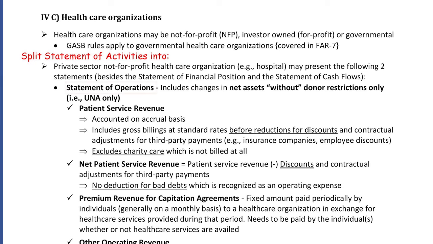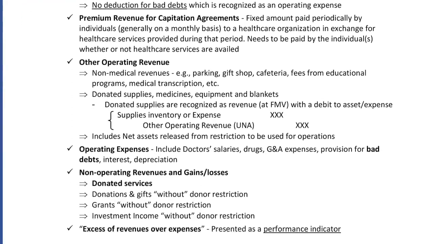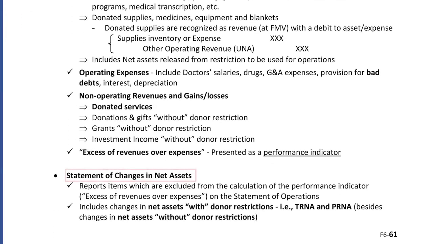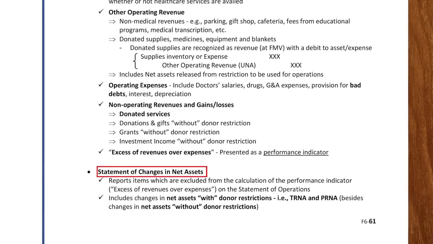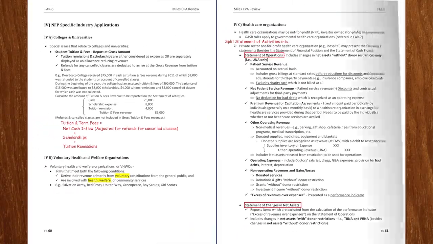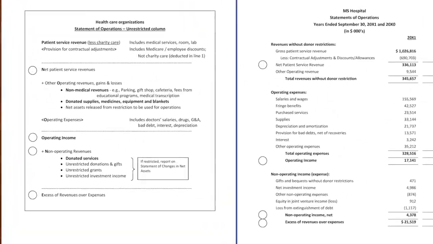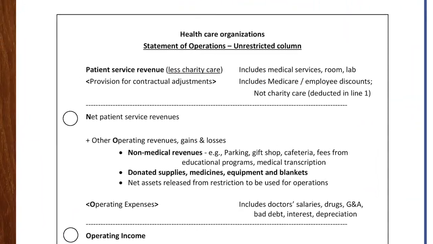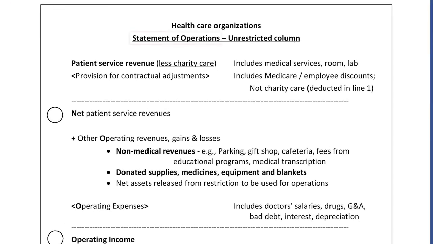First one, put a box around statement of operations, and the next one towards the bottom of the page, put a box around statement of changes in net assets. Turn to page 62, where we've got the statement of operations. And here we only have the unrestricted column; highlight it.